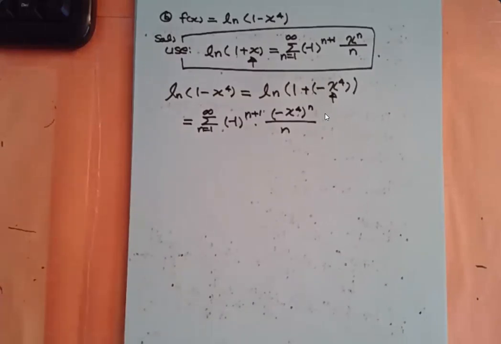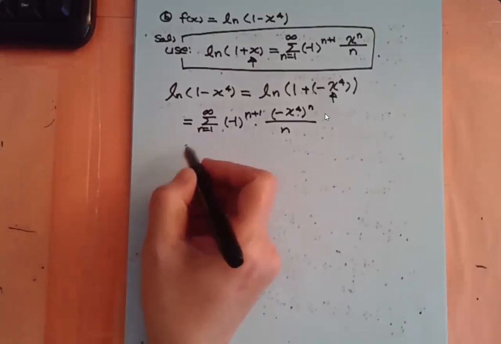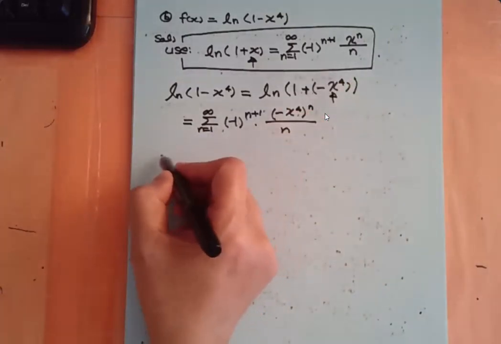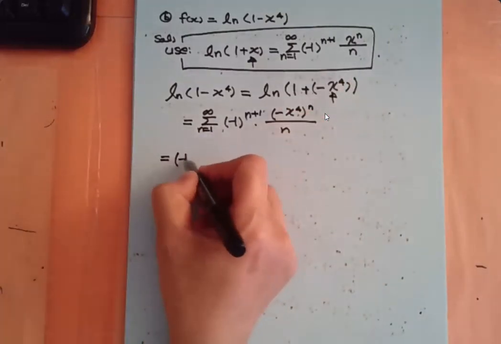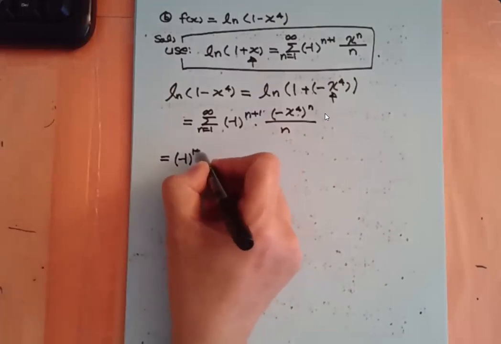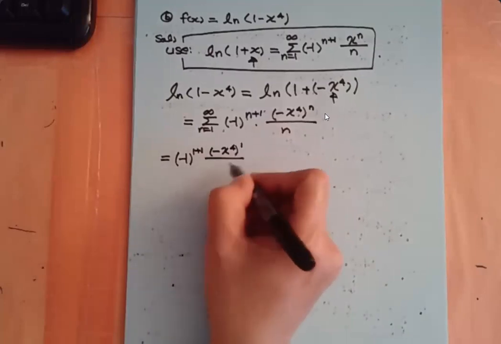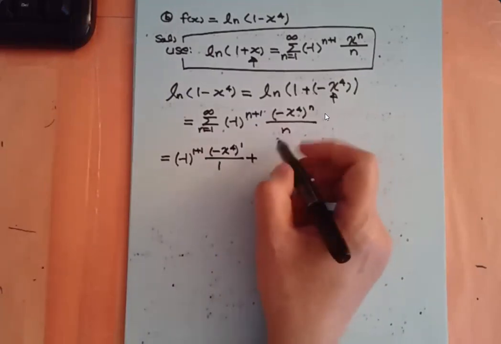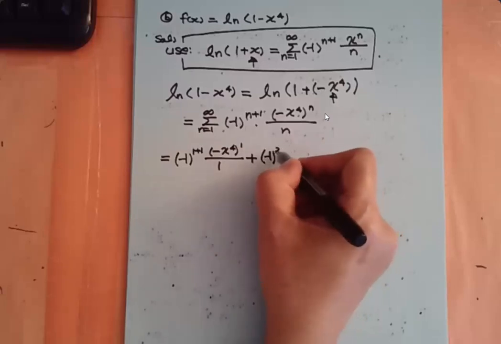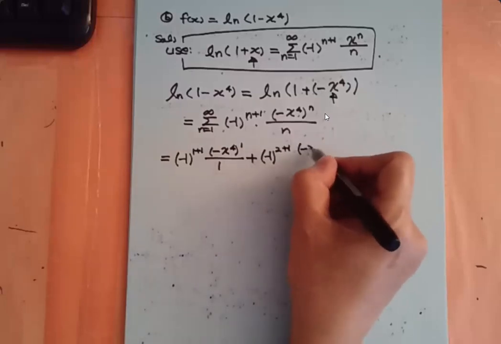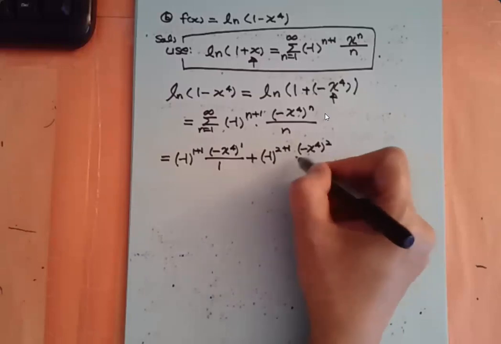Let's expand that out. This time it starts with 1. So negative 1 to the 1 plus 1 power, negative x to the 4th power, 1 power, over 1. Plus the second one is negative 1 to the 2 plus 1 power, negative x to the 4th power squared over 2.